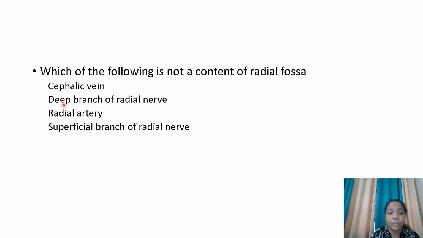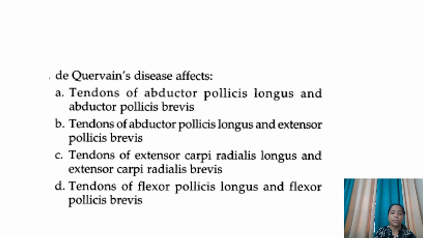So in this question, the correct option is D: branch of radial nerve is not a content of the anatomical snuff box or the radial fossa. Your answer will be D.